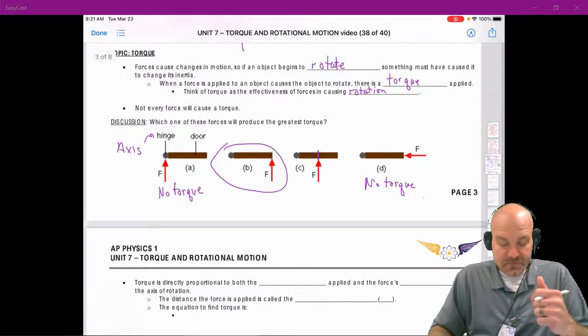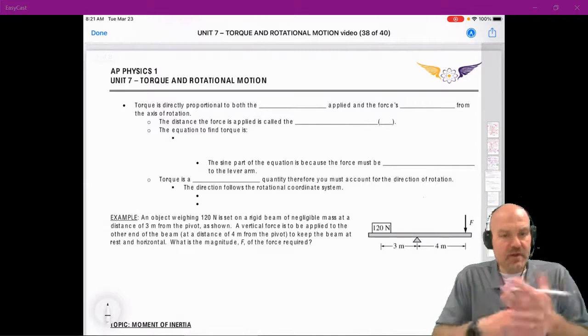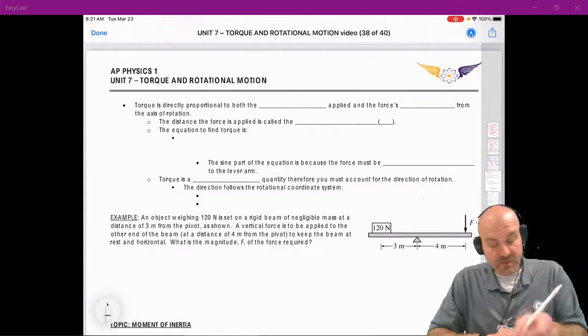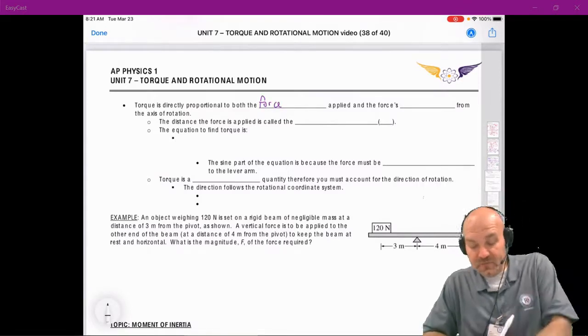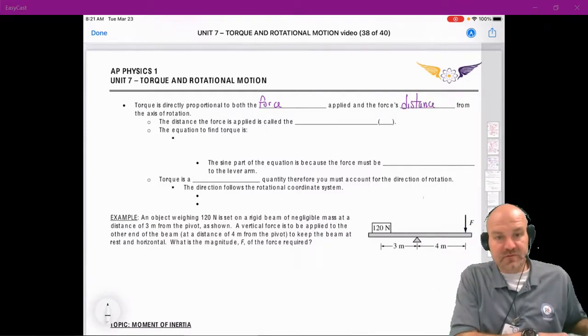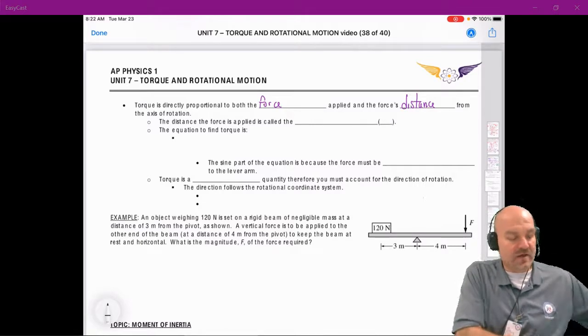All right, now let's officially define what torque is. Torque is directly proportional to two things: both the force applied and the force's distance from the axis of rotation. On the door, the axis of rotation is the hinge.